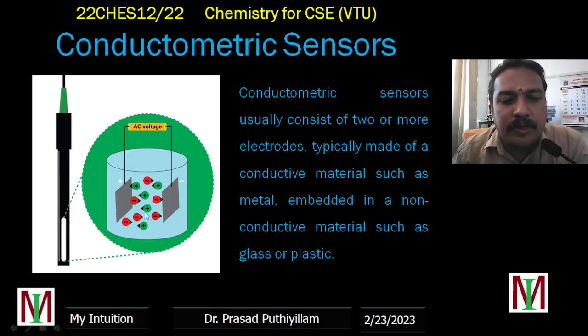When it is dipped into a solution having positive and negative ions, by applying voltage they will move towards the respective electrodes, positive and negative, based on the number of charged particles present. We can measure the conductivity, or based on the ion nature, whether it is a smaller ion or bigger ion, the size of the ion.